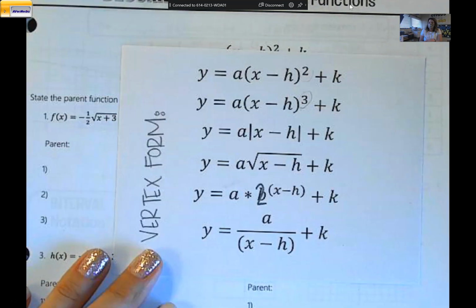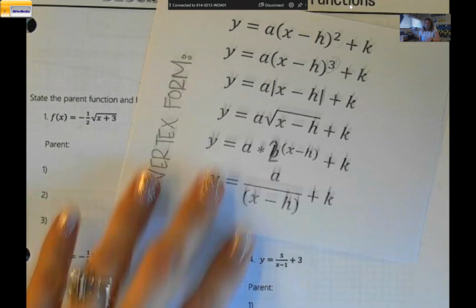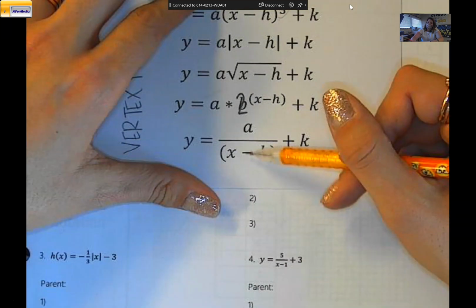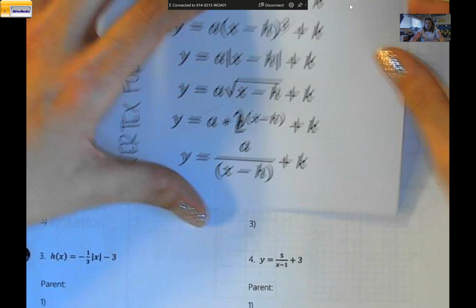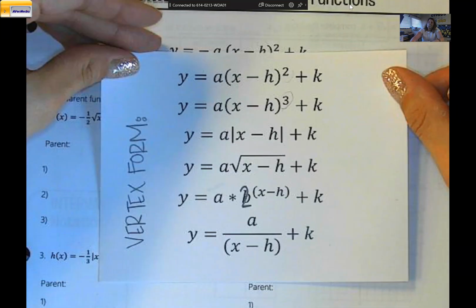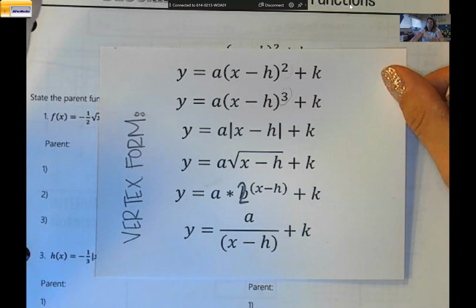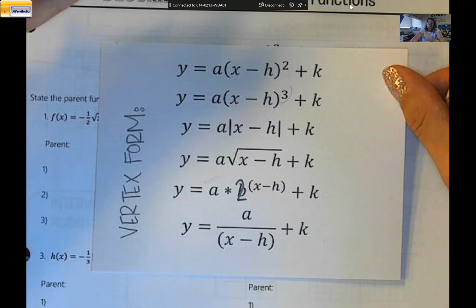It doesn't matter that much, but you'll see it as a 2. And then the fraction and the x in the bottom tells you that this is an inverse. So I give you all of the vertex forms so that you can see the letters are all the same. You just have to identify what function you're changing.